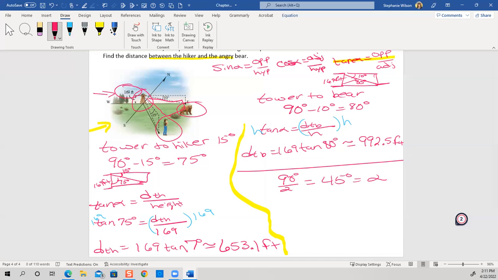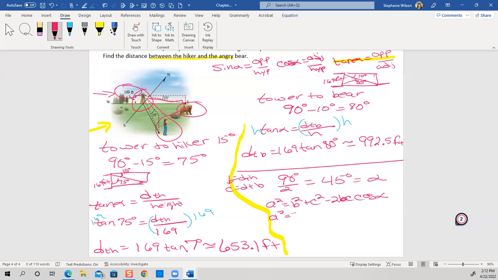Now to find the length of it, we're going to use the law of cosines. Since we labeled it alpha, we're going to use the theorem a squared equals b squared plus c squared minus 2bc cosine of alpha. So a squared is equal to, and we know what b is. If you need to label, I would. B can be the distance of tire to hiker, and C is the distance from tire to bear.